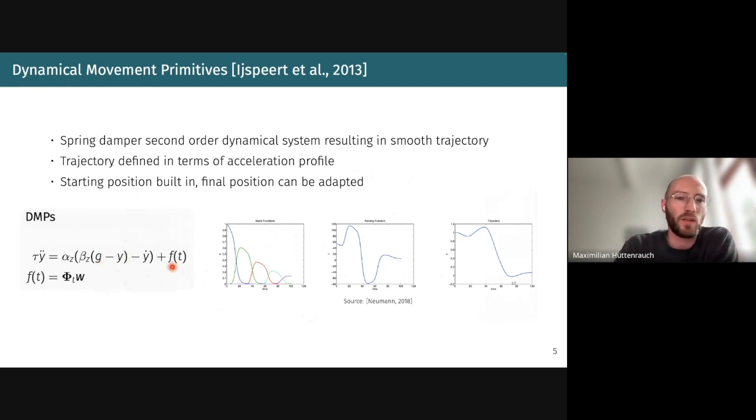But on this way, we want to be forced away from it, because just going smoothly from a point A to a point B usually doesn't solve a task. This forcing function is again a linear basis function model. For example, we want to go from point 1 at time step 0 to point 0 at time step 100, but not on a straight line. We apply this forcing function to force it away a bit, and then we end up at this point at time step 100.